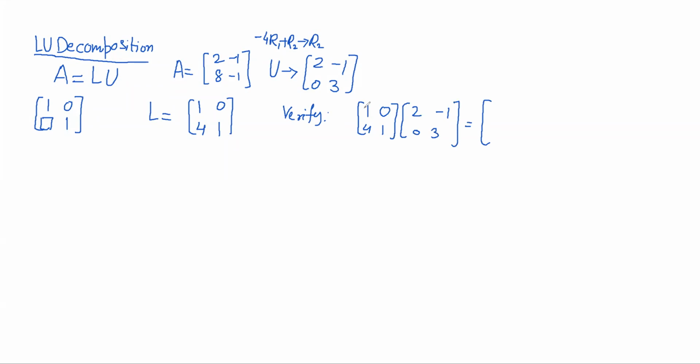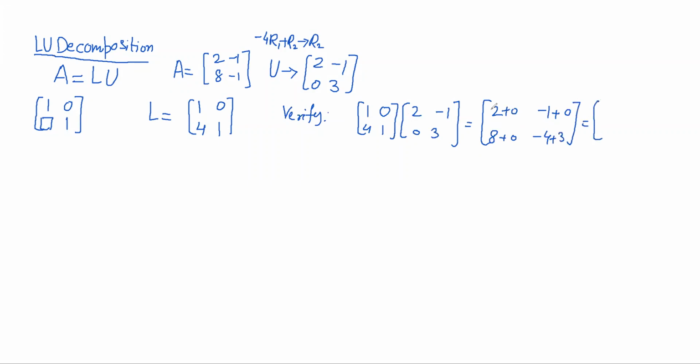If we multiply it, 1 times 2 is 2, 0 times 0 is 0. 1 times minus 1 is minus 1, 0 times 3 is 0. 4 times 2 is 8, 1 times 0 is 0. 4 times minus 1 is minus 4, 1 times 3 is plus 3.